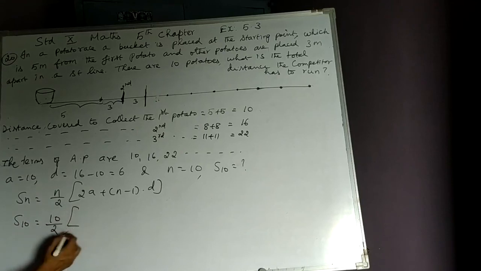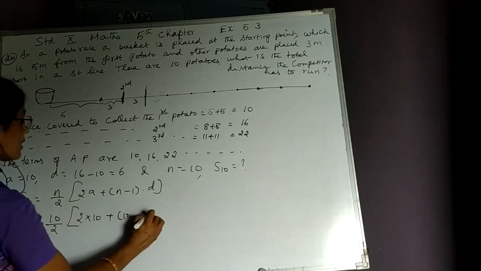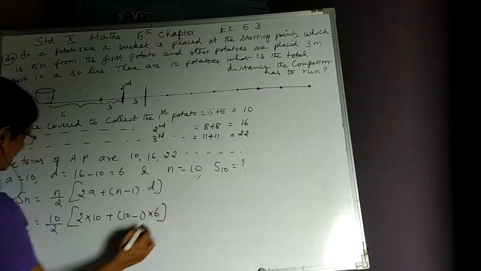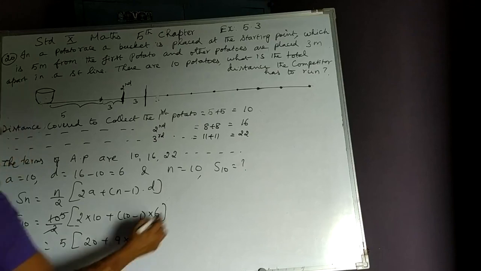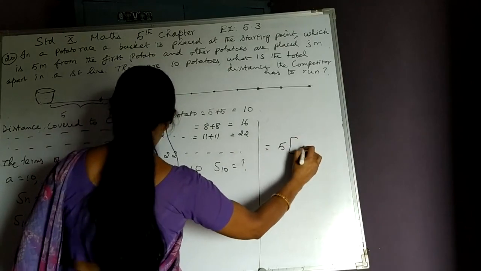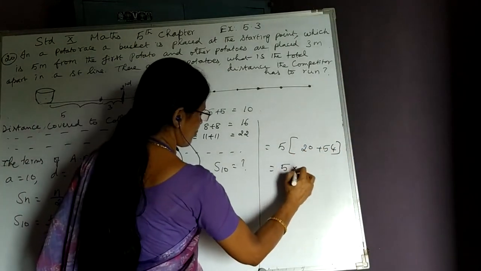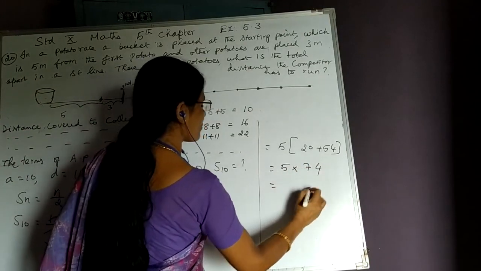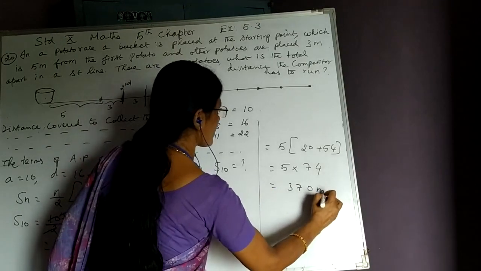Therefore, it is 10 upon 2, 2 into 10 plus 10 minus 1 into d. d is equal to 6. So, here it is 5 into 20 plus 9 into 6, which is equal to 5 into 20 plus 54, which is equal to 5 into 74, 370 meters.